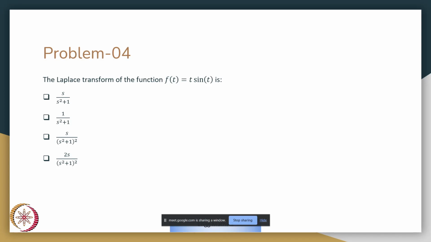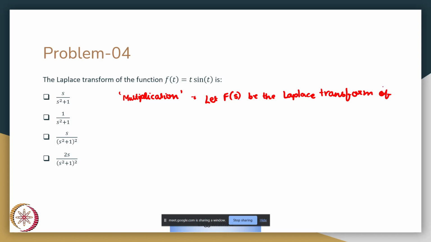Okay, so here we'll have to make use of the multiplication property, which states that, let F of s be the Laplace transform of f of t.